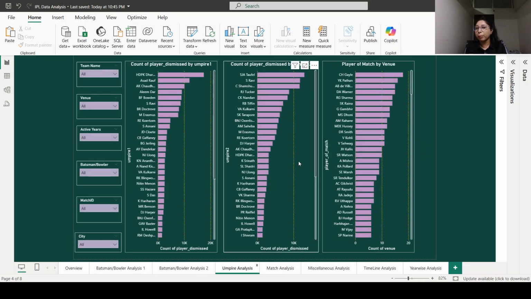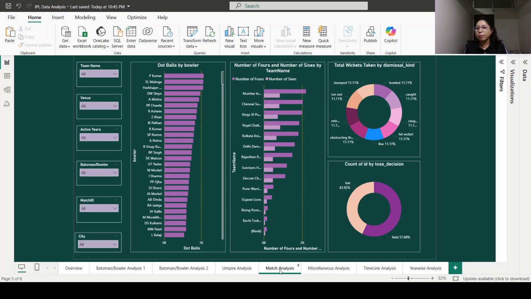Again, we have umpire analysis. There were 2 umpires in the data set, so accordingly we can see players dismissed by the 2 umpires and their details. Again, player of the match, venue wise.